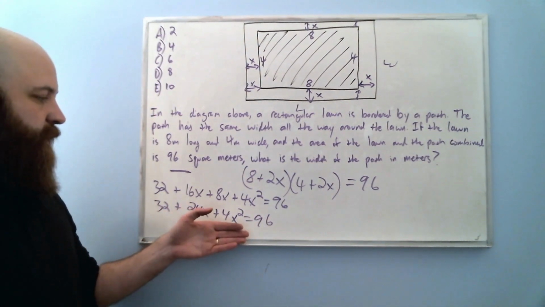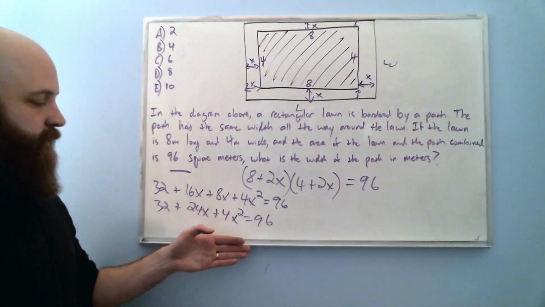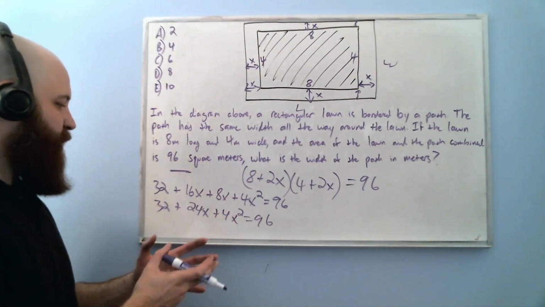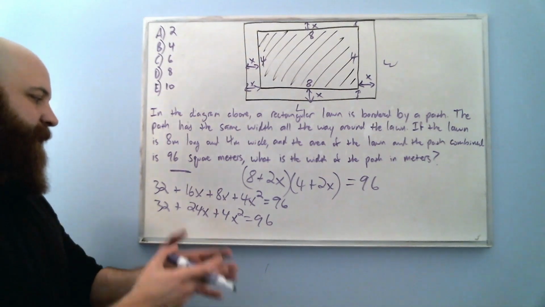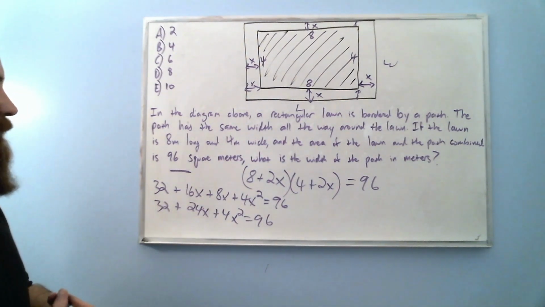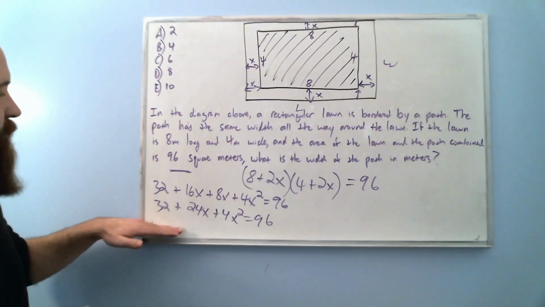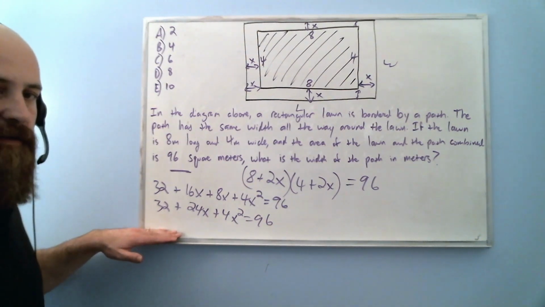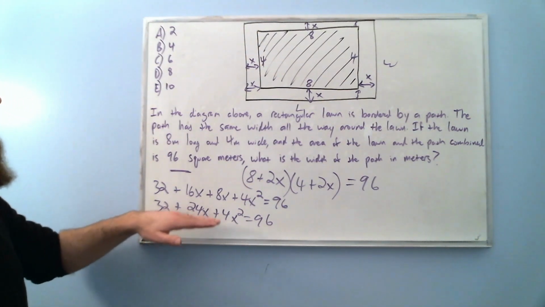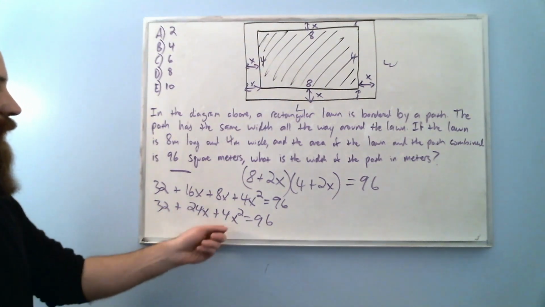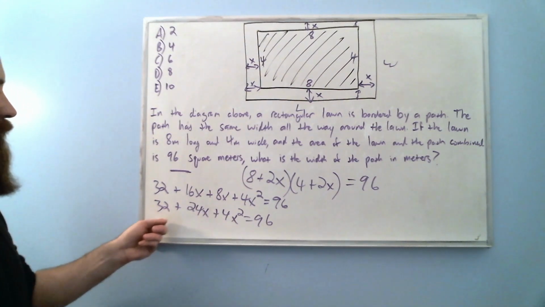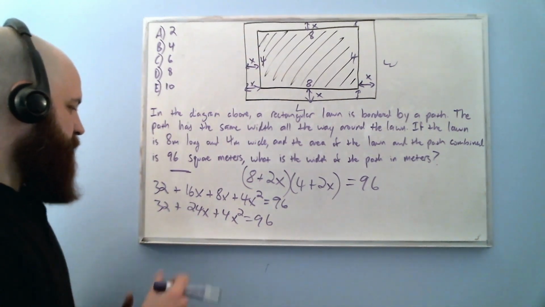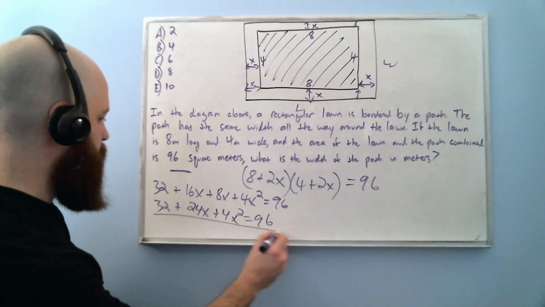Before I go any further, I would love to shrink these numbers if possible. I feel like at some point I'm maybe going to make a mistake, and it's also just not fun to work with all these big numbers. So can I divide all of these numbers by some common factor? Is there some common factor of 32, 24, 4, and 96? 4 jumps out. 24, 32, yeah, I believe that also goes into 96. So let's divide this whole equation by 4.